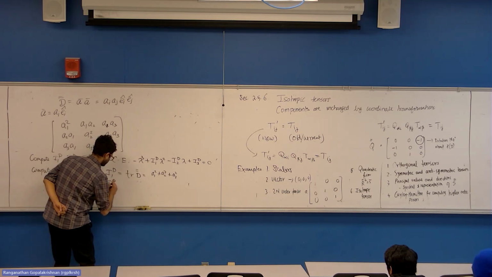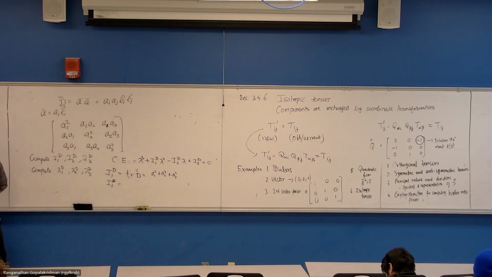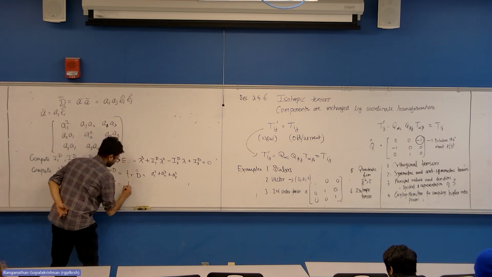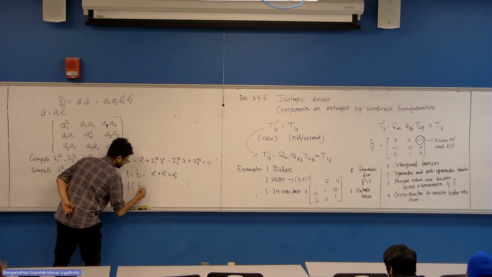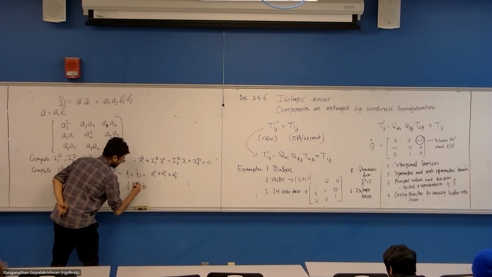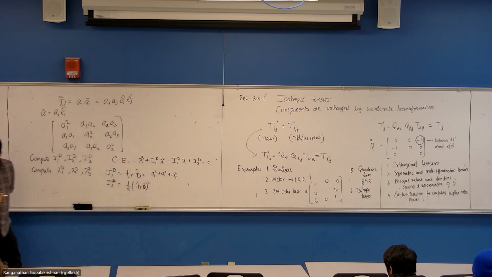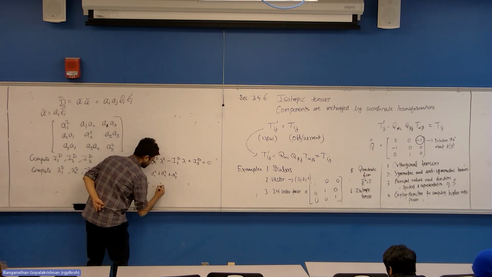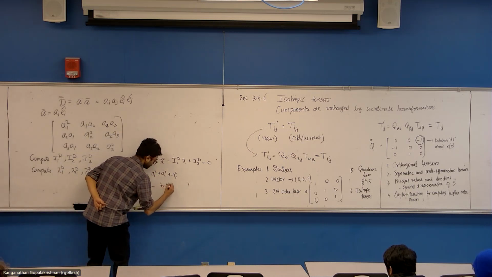I2D is the trace of D inverse times the determinant of D, or they also do it slightly differently: half of the trace of D squared minus the trace of D squared.